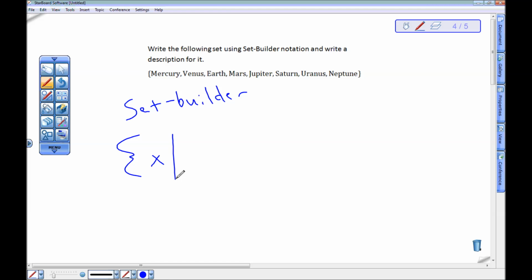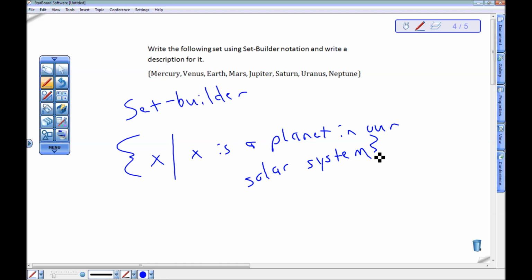I need my window dressing, brace, x, such that line. So the set of all x such that x is a planet in our solar system. And there I have it, the set of all x such that x is a planet in our solar system.